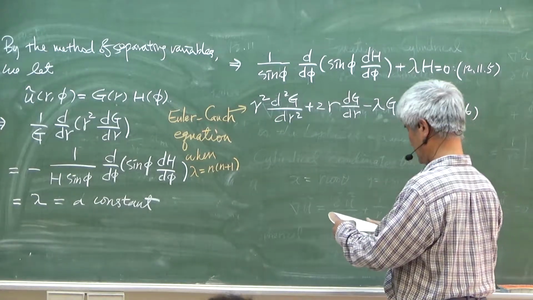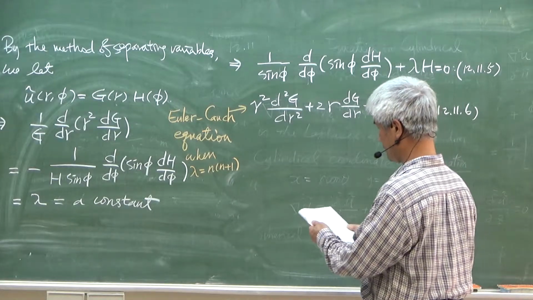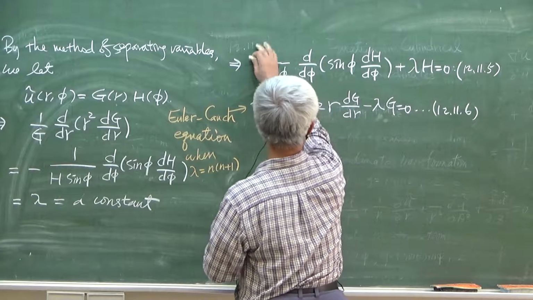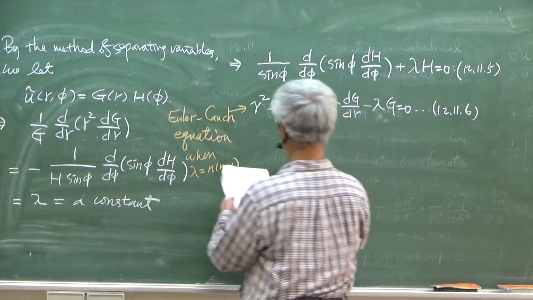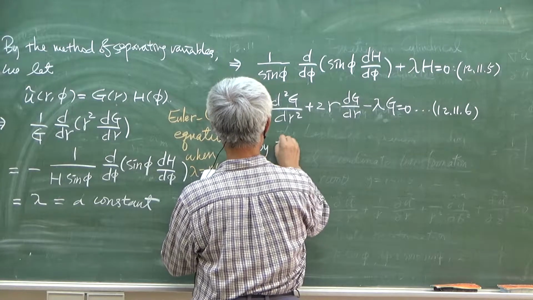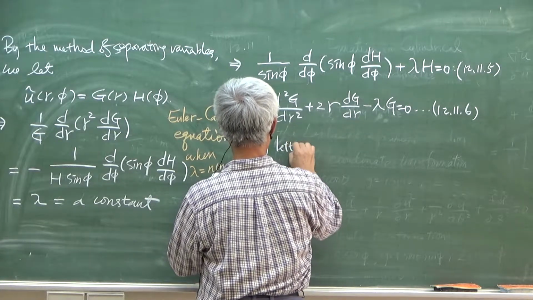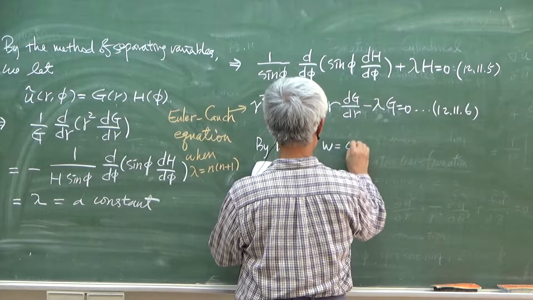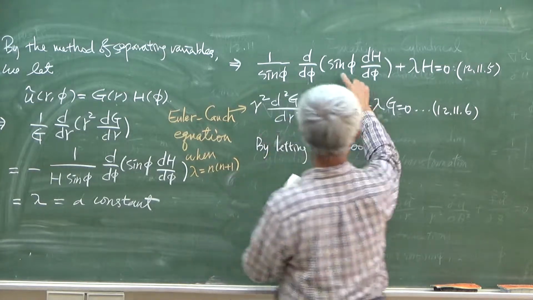So now, how about the first one? By making w equal to cosine phi.